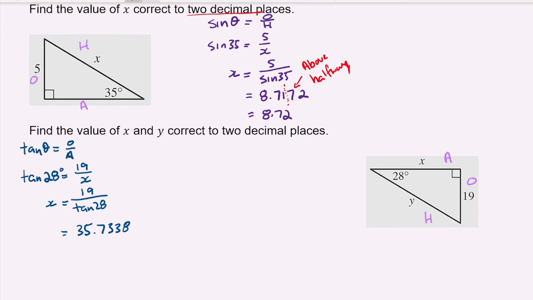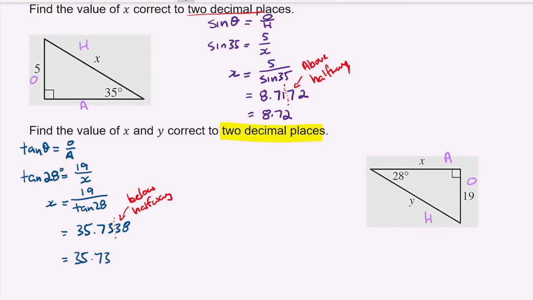I know how far I need to go, which is 2 decimal places. I am below halfway, so I get to stay the same. 35.73.